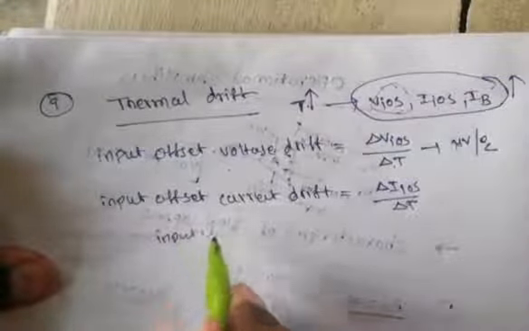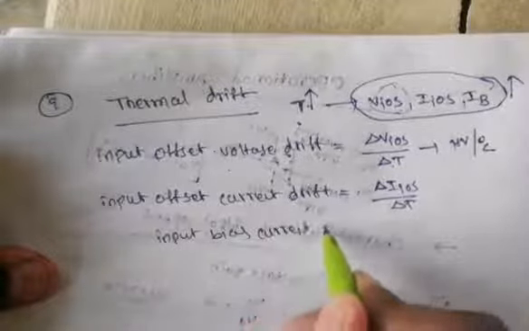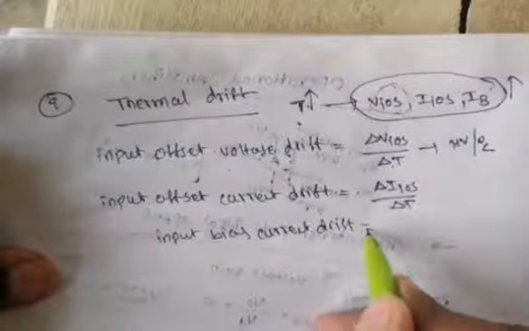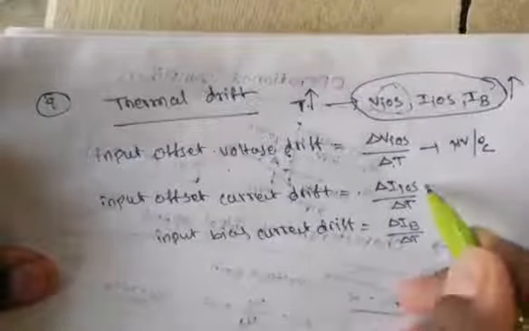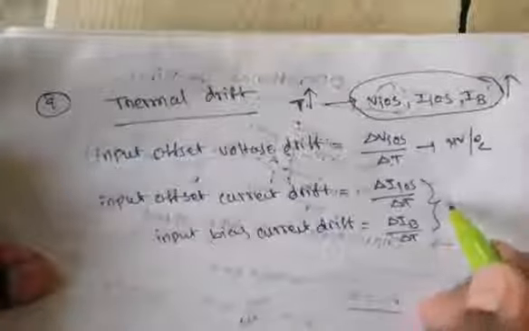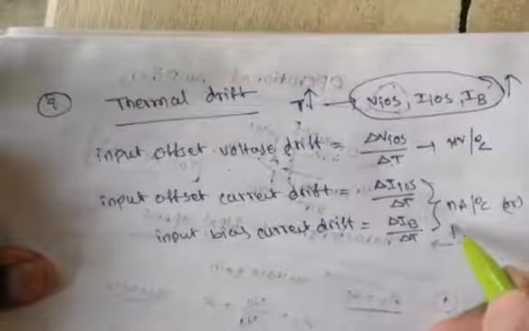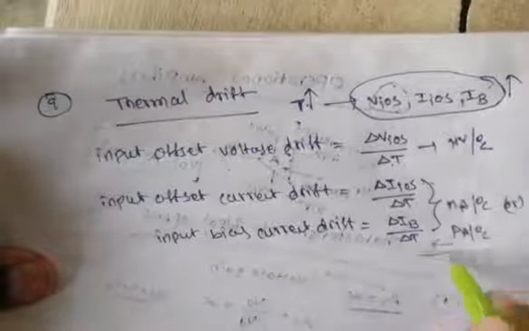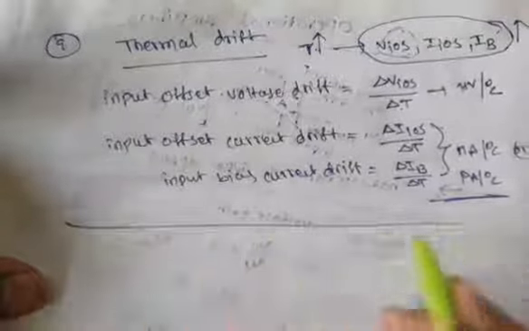Like input bias current drift, that is nothing but the change in I_B due to the temperature. These two are expressed in nanoampere per degree centigrade or picoampere per degree centigrade. These are the DC characteristics of your operational amplifier.